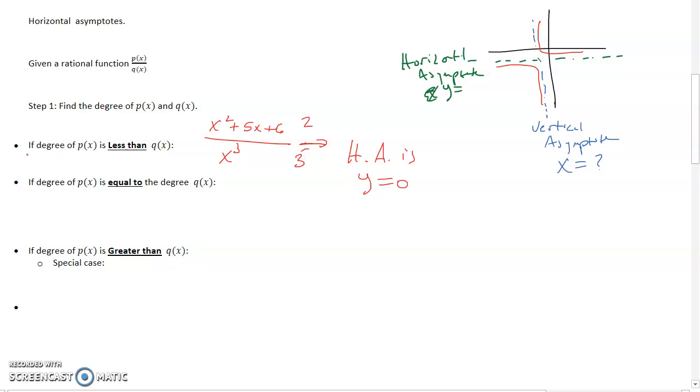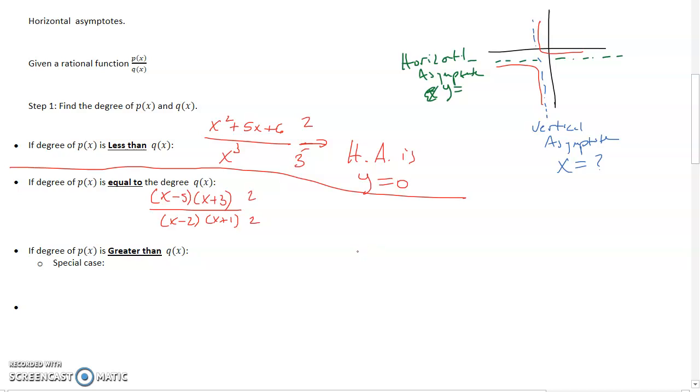If the degree of p of x is equal to the degree of q of x, let me give you an example of this. If I have something like x minus 5, x plus 3, over x minus 2, and x plus 1, the degree on top is 2, the degree on the bottom is 2.